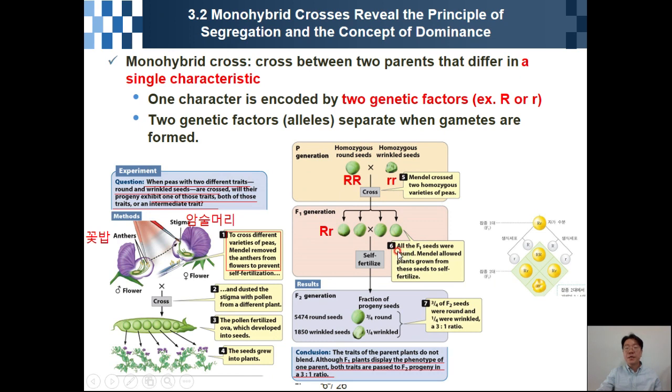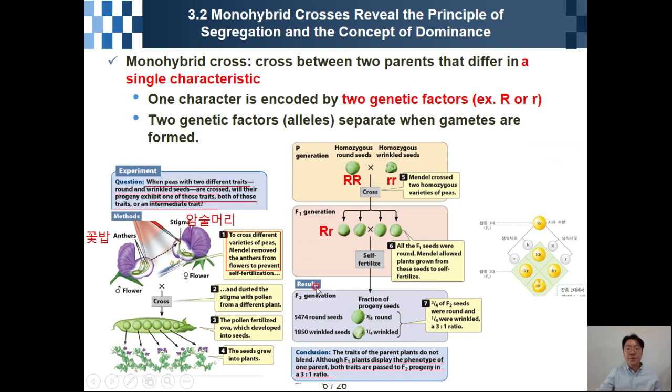And also he did the self-fertilization. He used the F1 generation. So he did self-fertilization. And finally, he found that three out of four is a round shape, and one out of four is wrinkled shape.